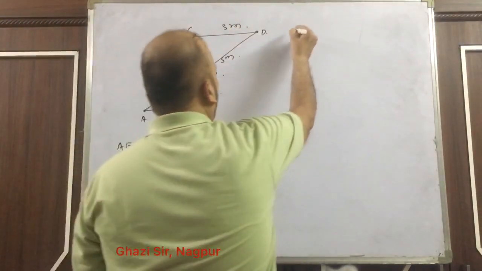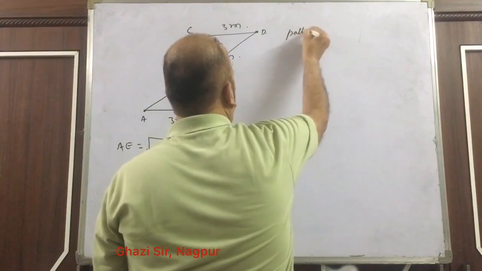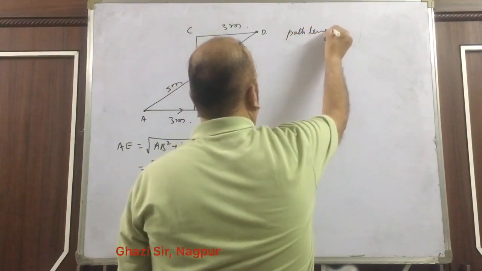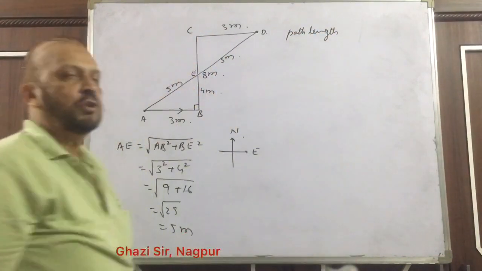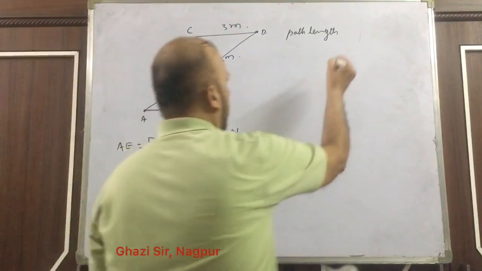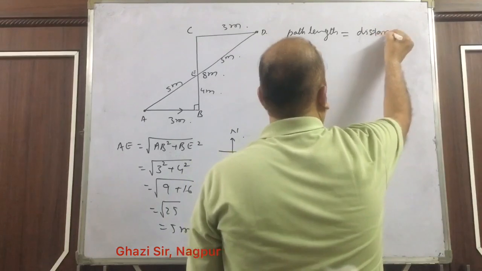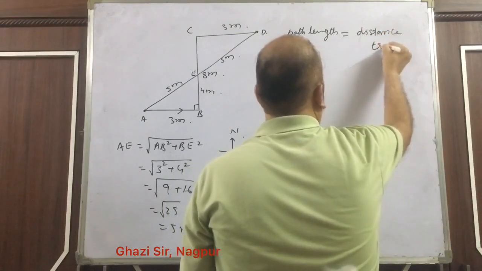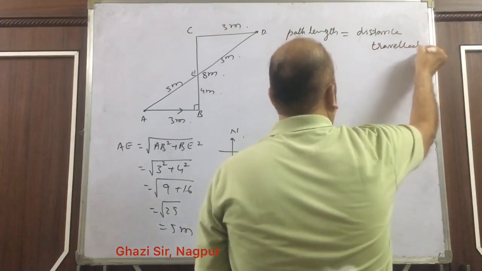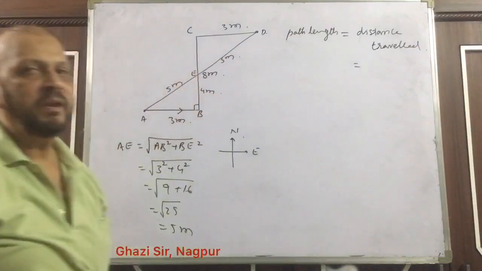So path length, which is also called distance traveled, was equal to 14 meter.